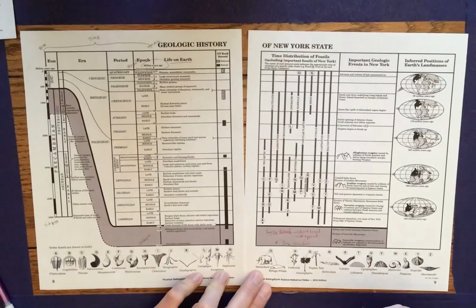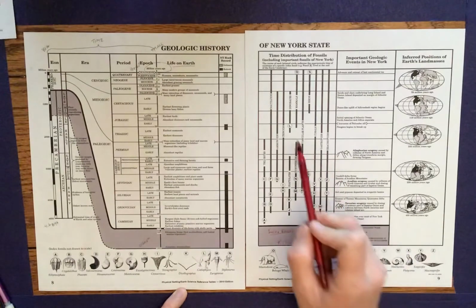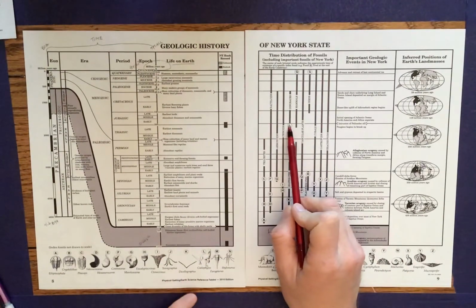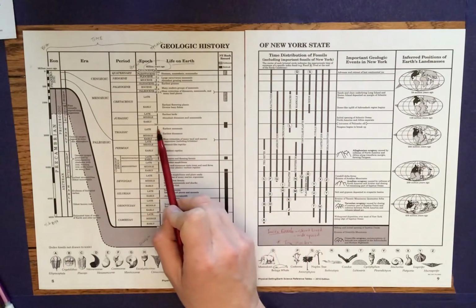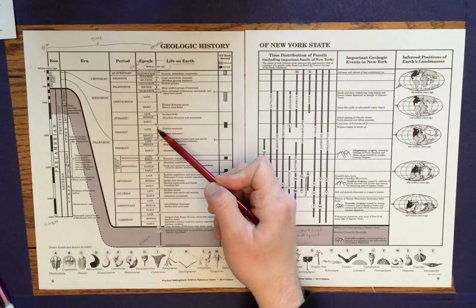If you are in the field digging down and you find, say, Coelophysis, which is L here, L is located right here, and if you trace it all the way to the left like we did in class, you would know that it is roughly around 210 million years ago.